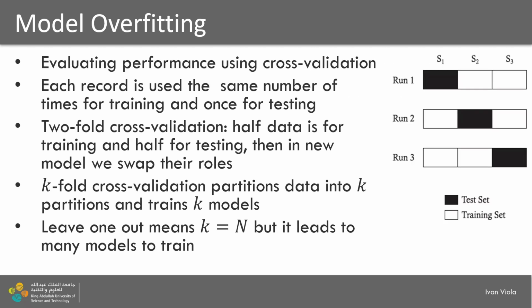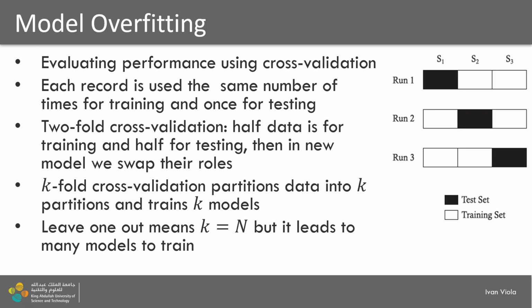A similar strategy, slightly different but in the same spirit, is evaluating the performance of the model using cross-validation. In cross-validation, each record is used the same number of times for training and exactly once for testing.